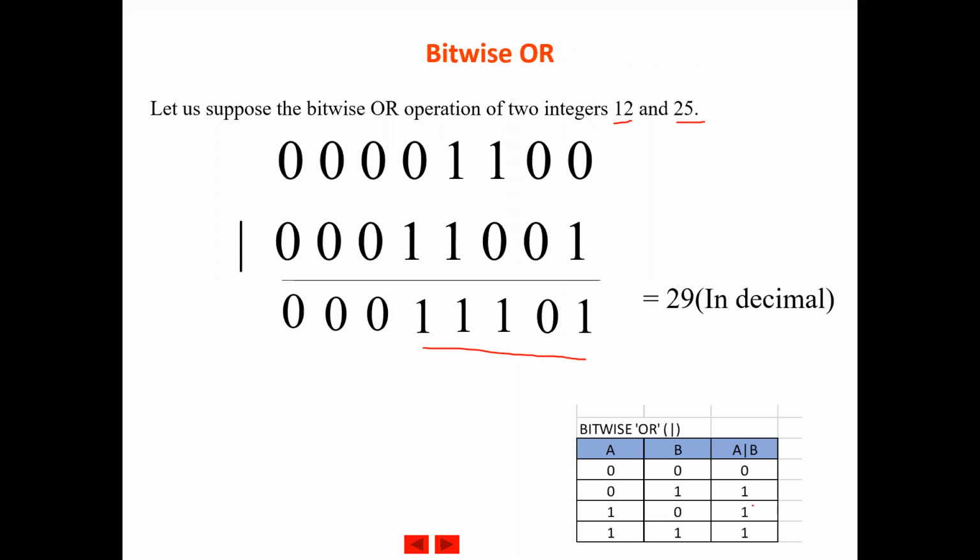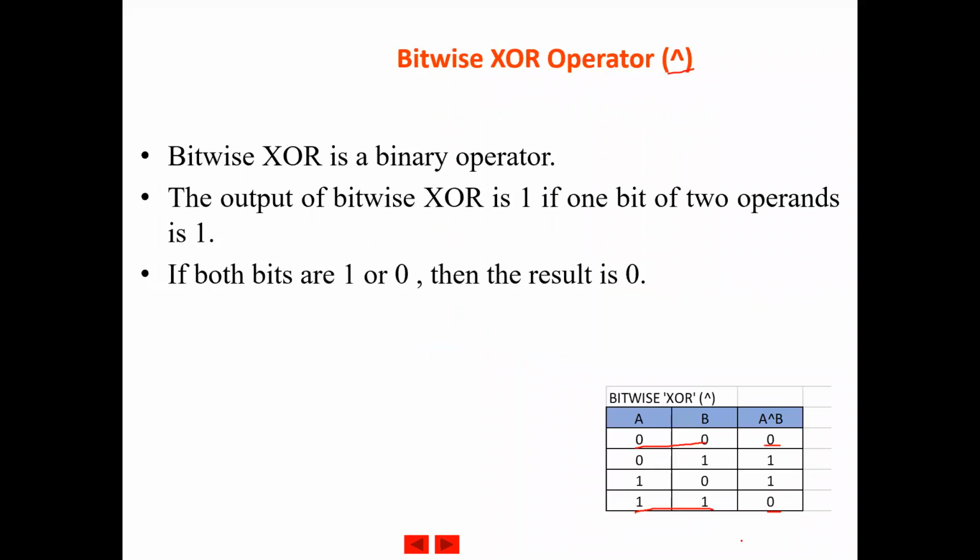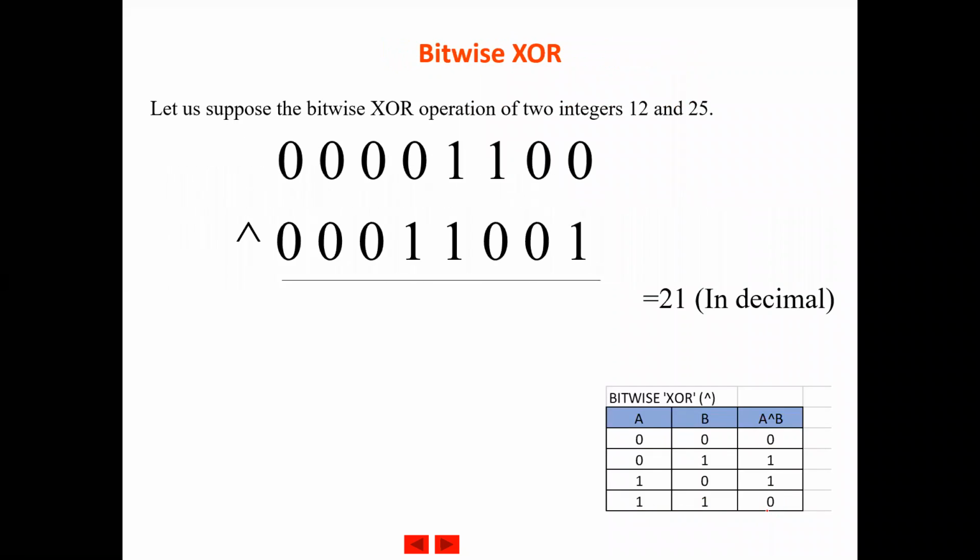So I'm taking the same numbers, 12 and 25. When we are performing a bitwise exclusive OR, you have to follow the same thing.